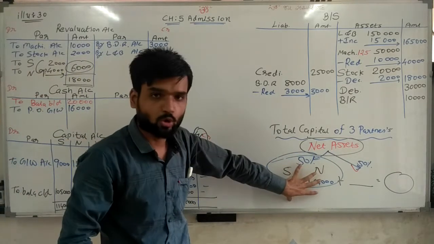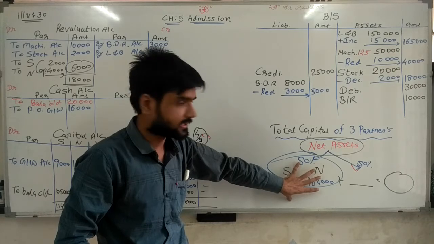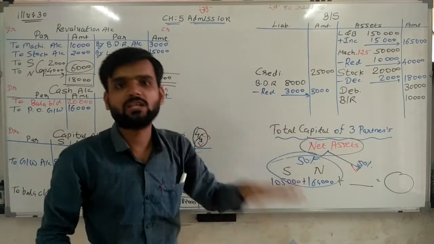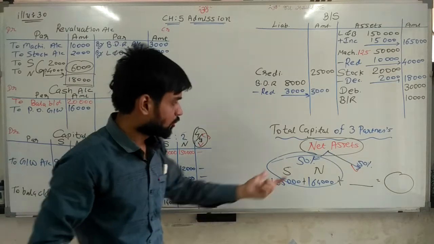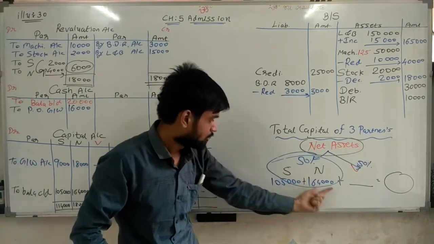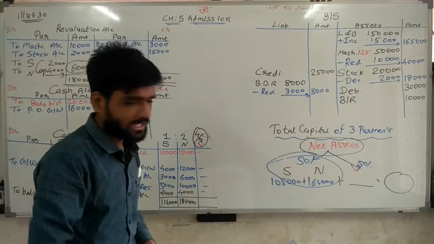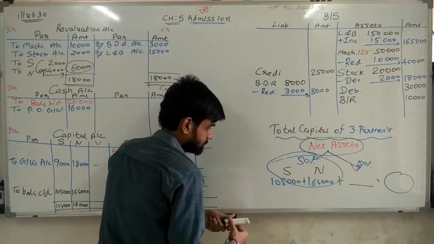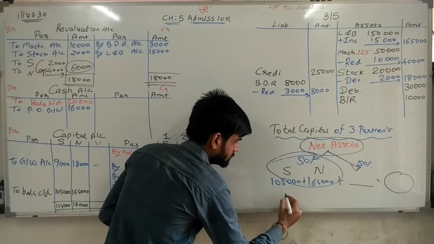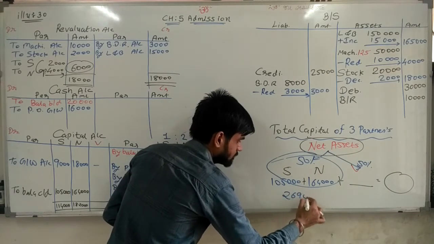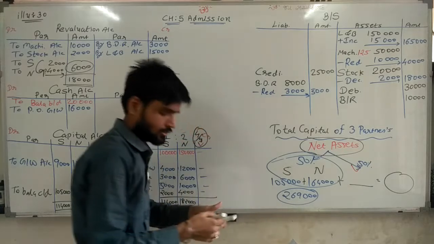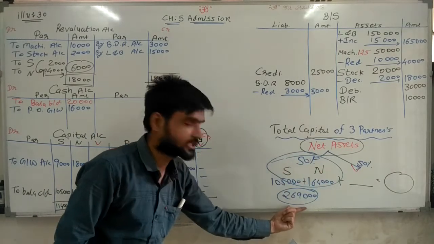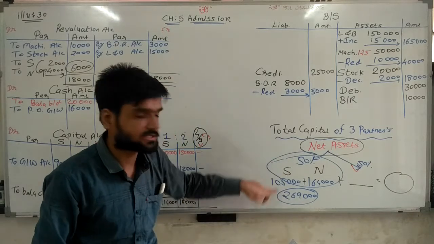So the total of S and N, both partners, is 269,000. That is 50%.